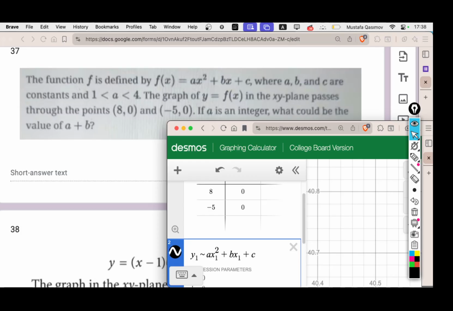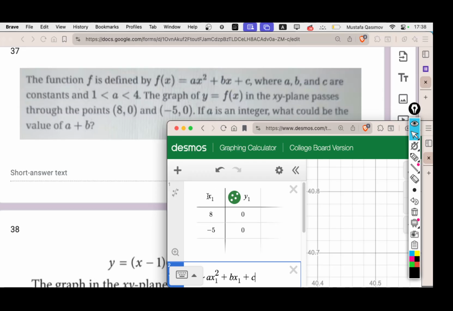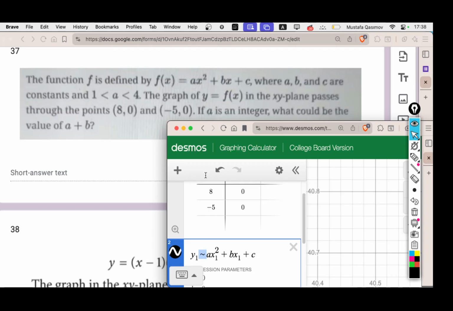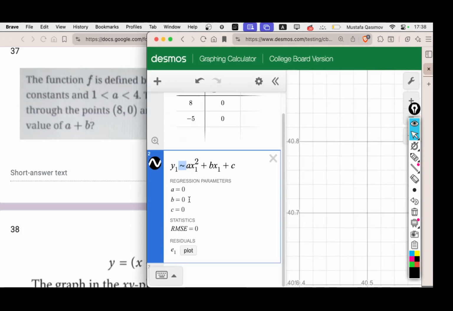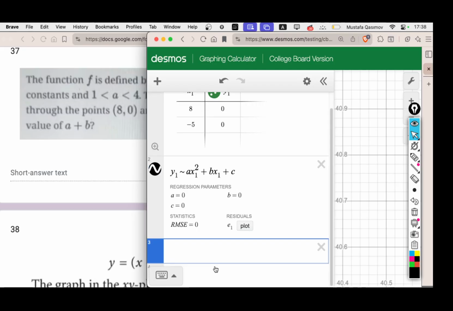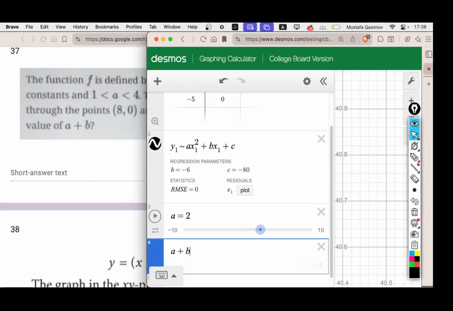You have to just write 1 instead of x1, because it will automatically be x1, and when you write 1 here, it will be automatically y1. Then you have to put a tilde instead of the equal sign. But you can see that all of them are 0, so it doesn't work. Why doesn't it work? Because we have 2 points here but 3 letters A, B, C. We can also enter this one: A is between 1 and 4. Let's write A is equal to 2. Then write here A plus B. You will get the answer. Any question?